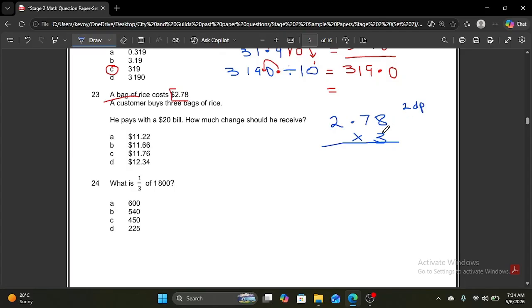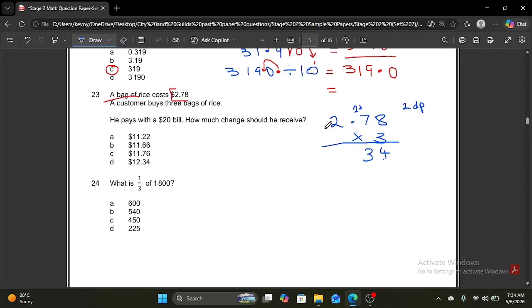So let's multiply now. 3 times 8 should be 24, plus 2. Right? 3 times 7 should be 21. 21 plus 2 is 23.